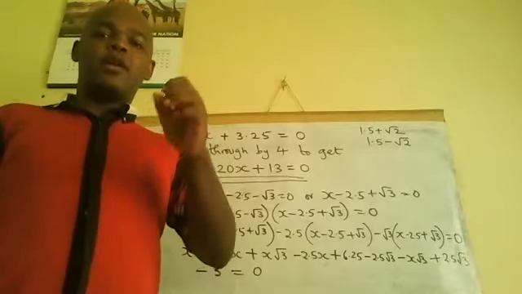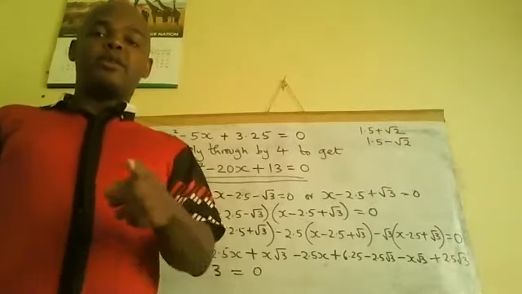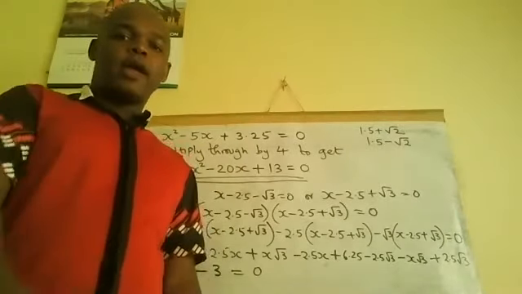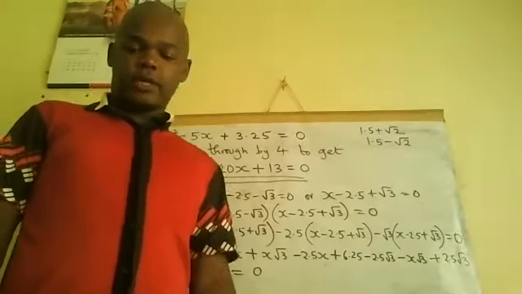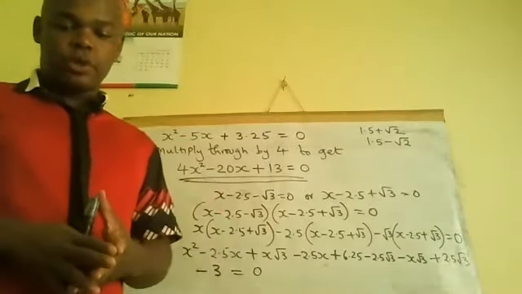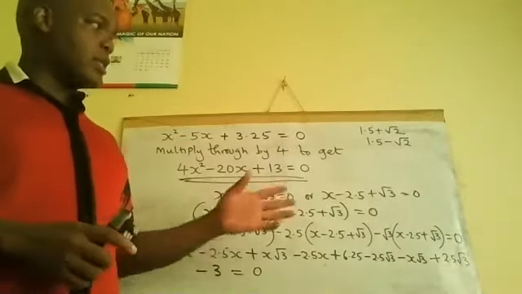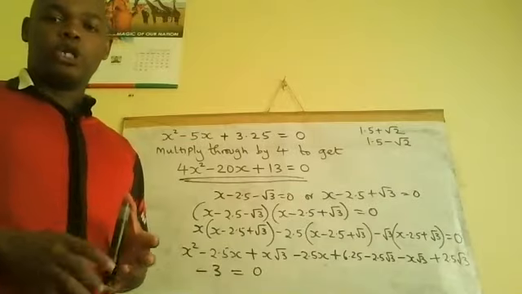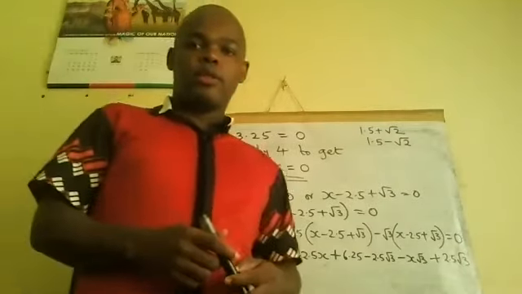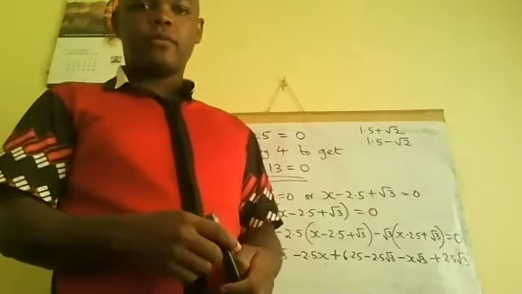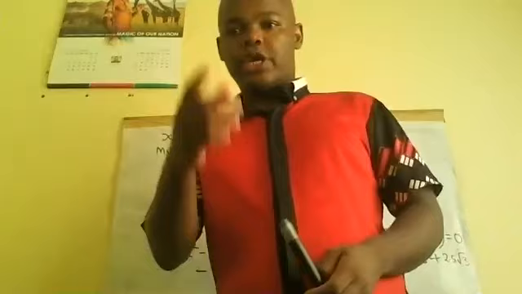Just 2 minutes, and then the moment you are through, just raise up your hand, and then I see whether you are getting it right, because we need to be sure that we are getting these things right, and then we continue with the same topic. So finish up that question.